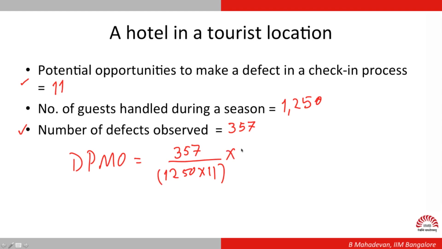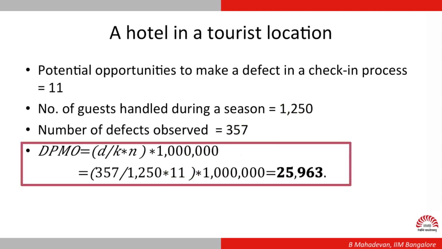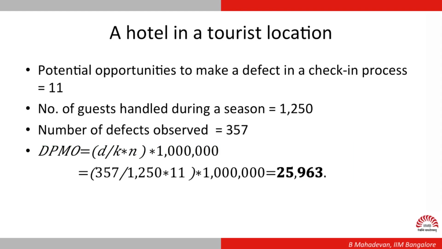So, this is the total number in the denominator, multiplied by a million, so that you get defects per million opportunities, which turns out to be 25,963.